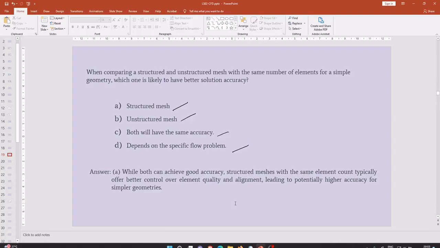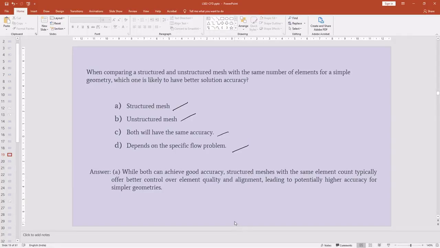So the option is A. Here, all these things depend on the question.